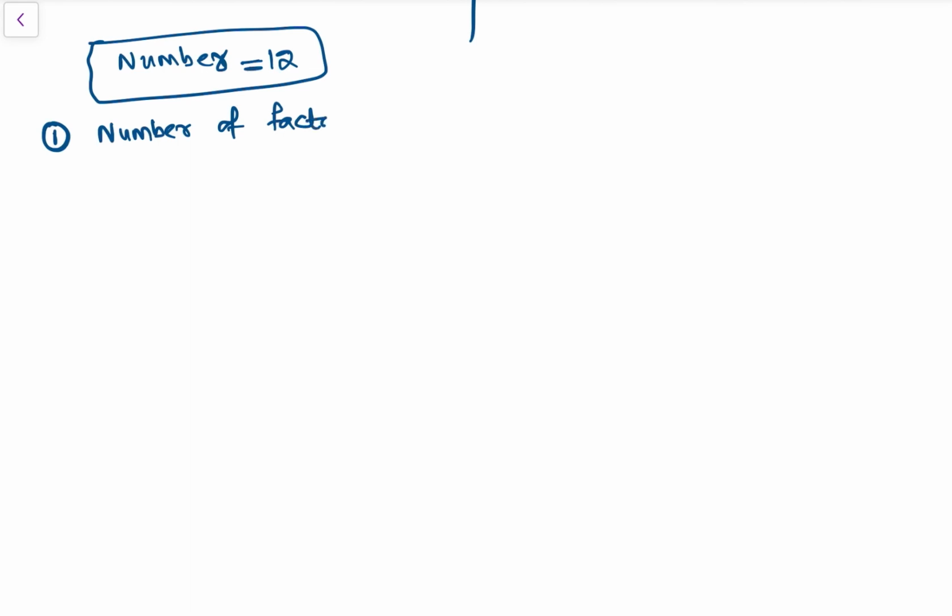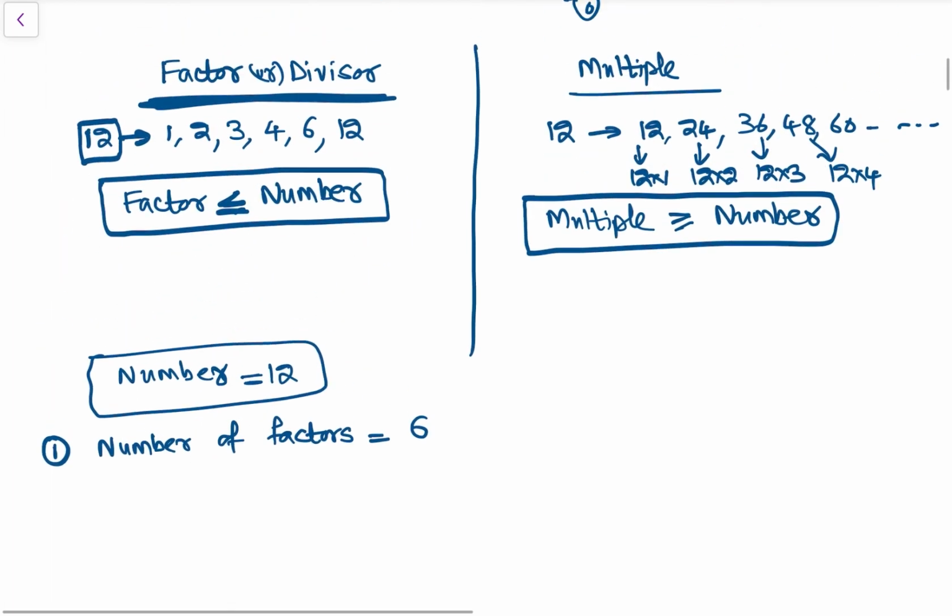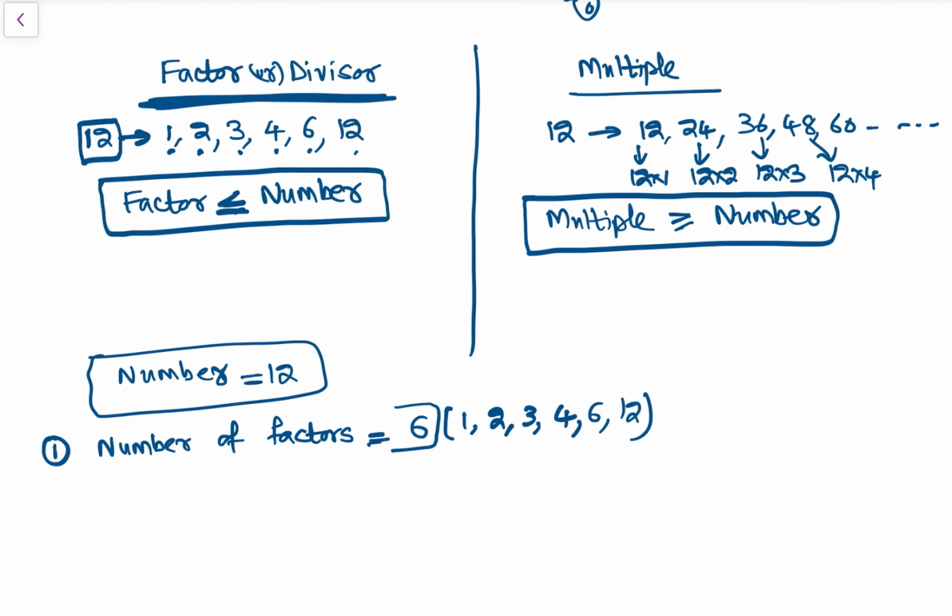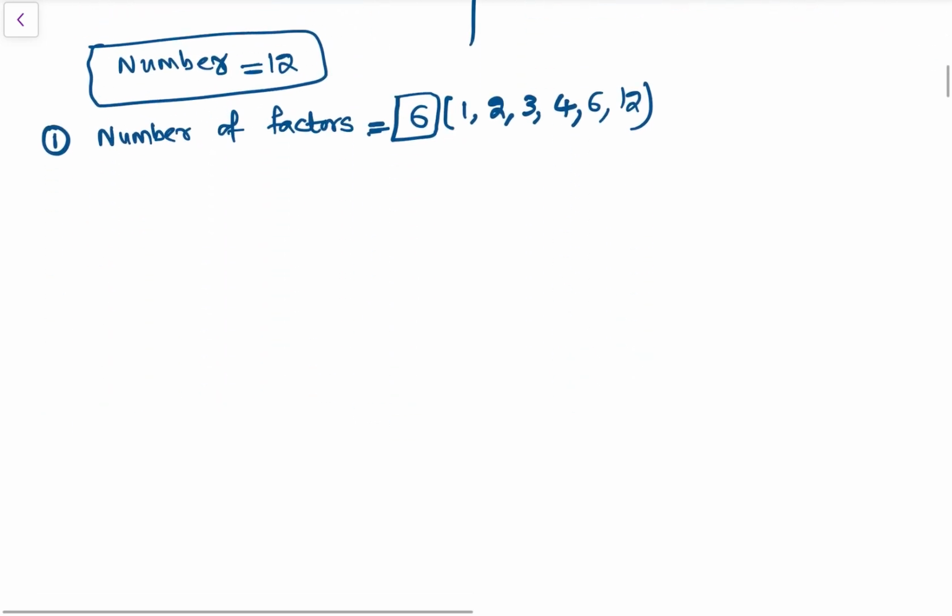So for 12 the number of factors is what? 6. We have seen here, see here 1, 2, 3, 4, 5, 6. So number of factors of 12 is 6. Okay, that is 1, 2, 3, 4, 6, 12. And second, sum of factors.